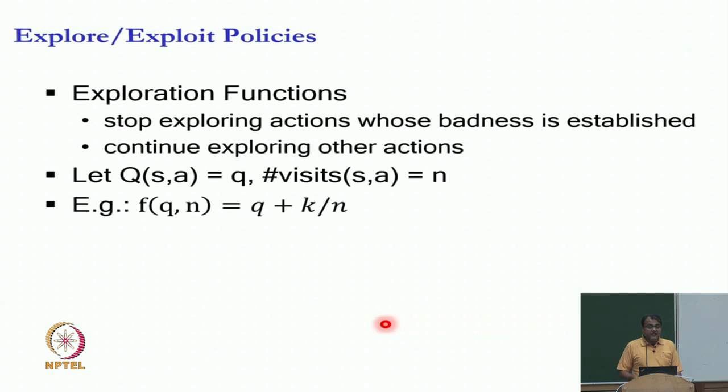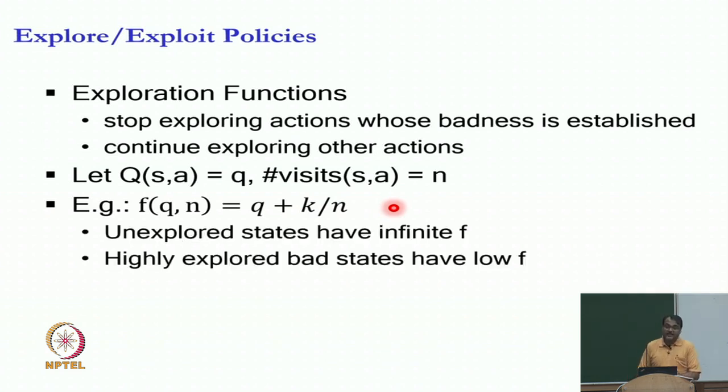On the other hand, if there is an action which I have explored infinite times, then its exploration term becomes 0. There is the exploitation term, Q, and there is the exploration term, which is the reciprocal of how many times I have explored. So, unexplored states have infinite f, and highly explored bad states will have a very low f.